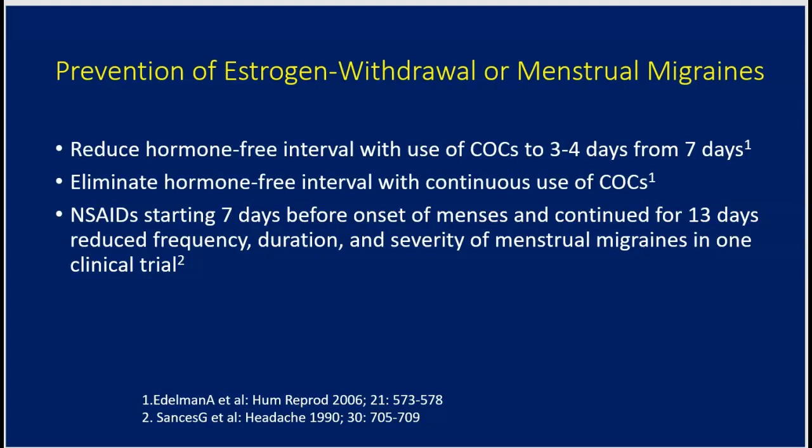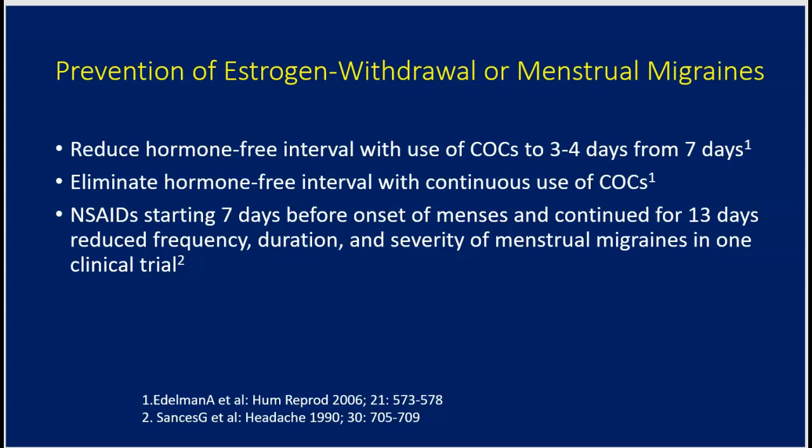And if you do elect to use hormonal contraception, and occasionally this is helpful for women, I might add, who have a menstrual migraine, to prevent the estrogen withdrawal or the onset of menstrual migraine, there are some strategies that have been suggested.